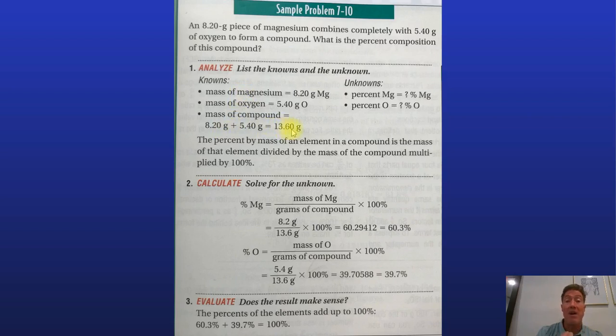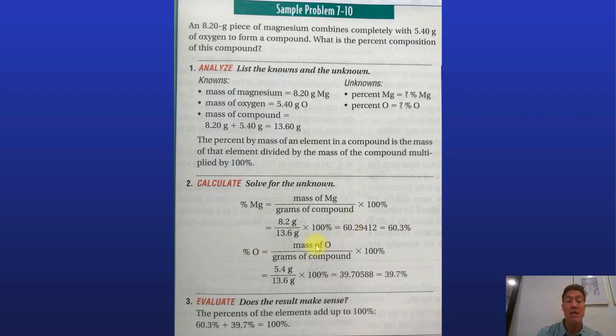So we just need to find out what percent magnesium is of the whole and what percent oxygen is of the whole. So we're just going to take our given mass of magnesium, 8.2 grams, over the mass of the whole compound, 13.6, times 100%, which is 60.3%.